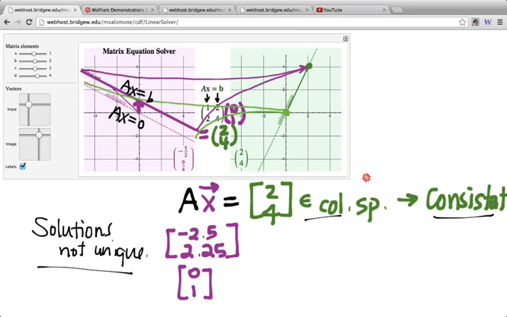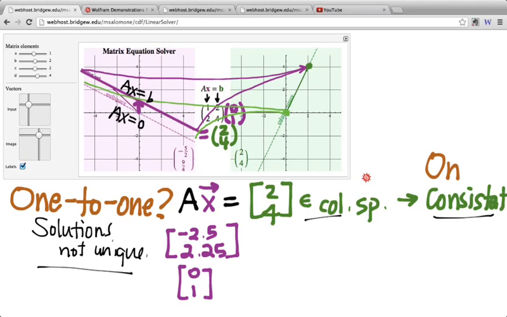And when we do, we're going to be reframing those properties in terms of familiar language about functions, because when we're talking about linear transformations, we're talking about functions. And the question of uniqueness of solutions is going to be answered by the question whether that linear transformation is one-to-one or not. And the consistency or inconsistency of these equations are going to be determined by whether or not the relevant linear transformation is onto.